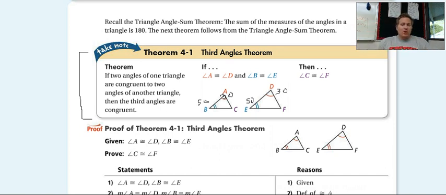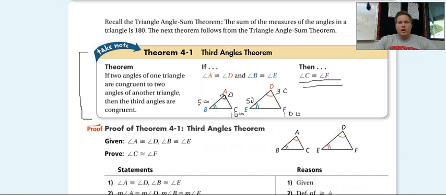So if both of these are combined to be 80, we know that the remaining angle is going to equal 100 degrees. So this is what the third angle is, that both of these, C and F, would be congruent. That's what that theorem is, so make sure that you write everything down in it.